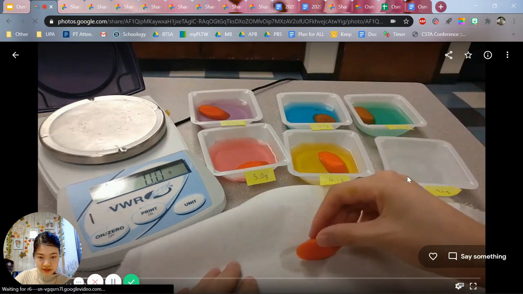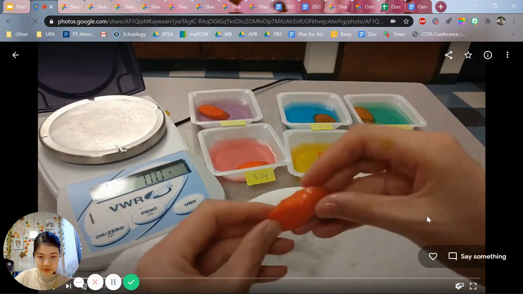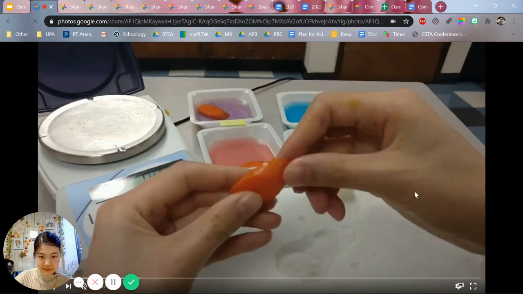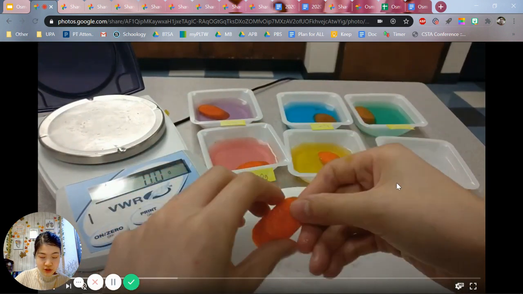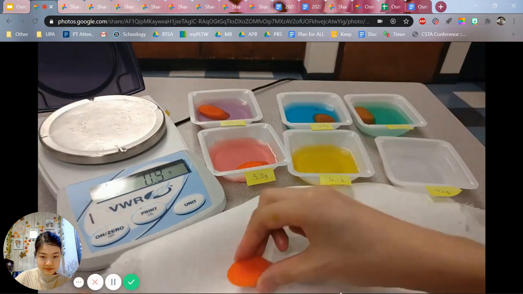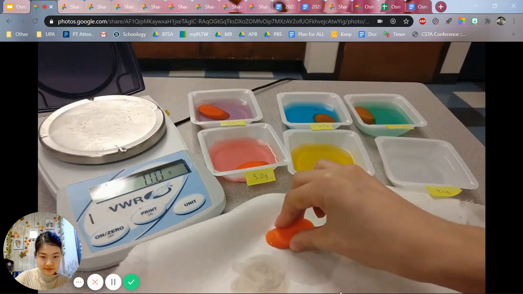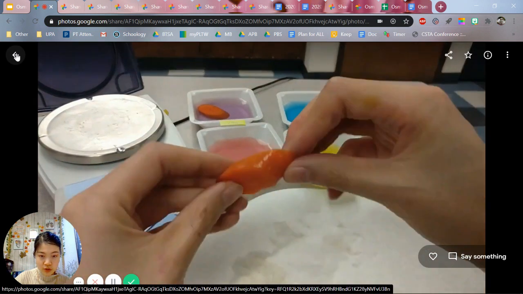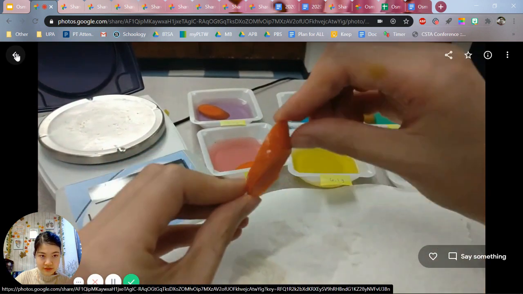You can see me dabbing the potato slice and then trying to bend it so students can gather qualitative data as well, and then the quantitative data from the weigh scale. So this is how students are going to collect their qualitative and quantitative data.